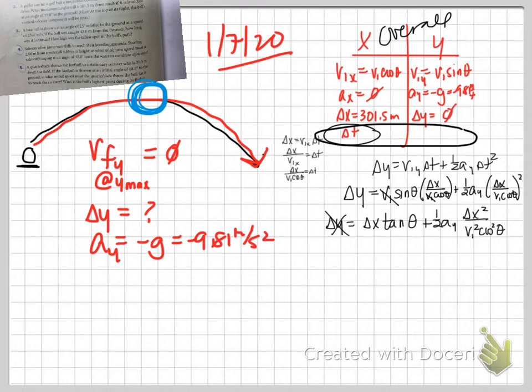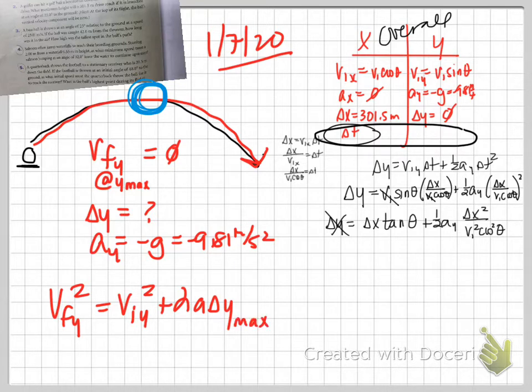Do I have an equation that will connect initial and final velocity, delta y, and acceleration? I most certainly do. VFy squared equals VIy squared plus 2a delta y. And this is delta y. This would be max. Oh, cool. That wasn't so bad.